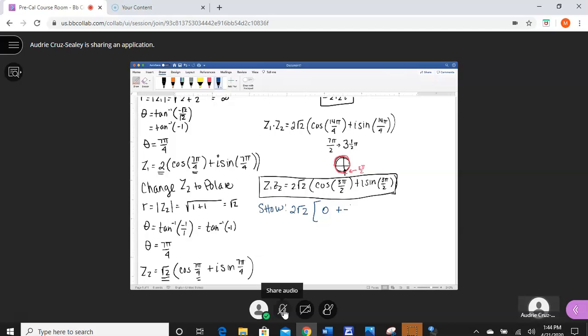Isn't that negative 1i? And so then inside the bracket, you would just have negative 1i. And negative 1i times 2 times the square root of 2 is negative 2 times the square root of 2i. Notice what we have here and what I showed you earlier.